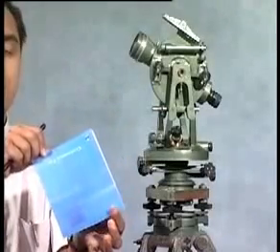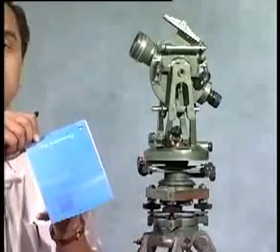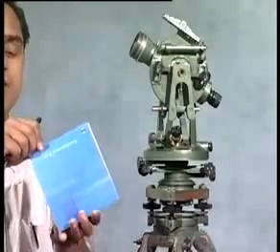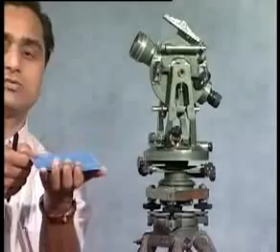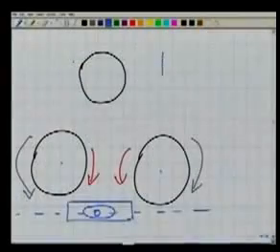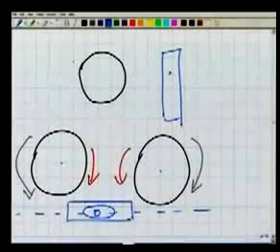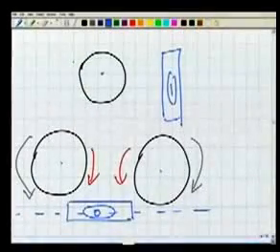So initially, our horizontal plate may be like this. What I need to do is make it horizontal first this way, then this way. So in order to do this, I keep my bubble tube in this direction of the third one. What is the meaning of this?